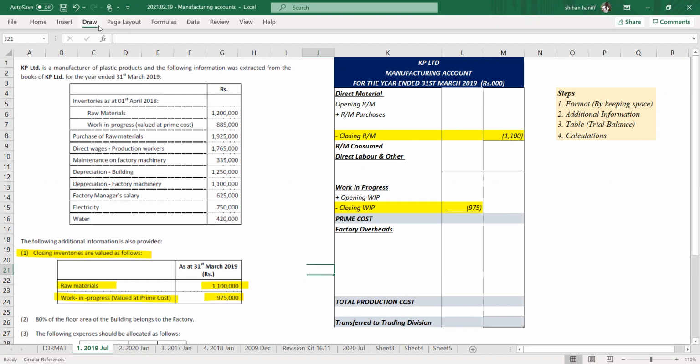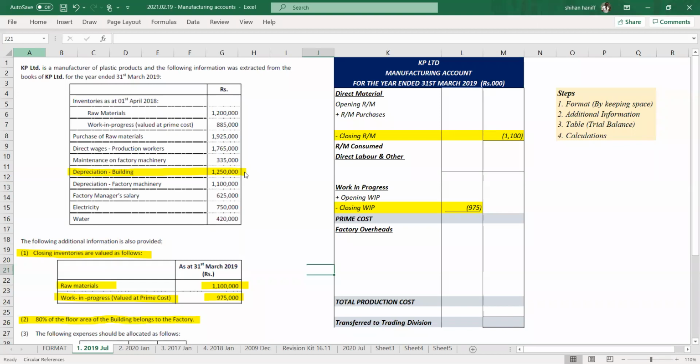Next, number 2: 80% of the floor area of the building belongs to the factory. So this is apportioning the building related expenses. If you check this table, building related expenses, we have depreciation of building 1250.